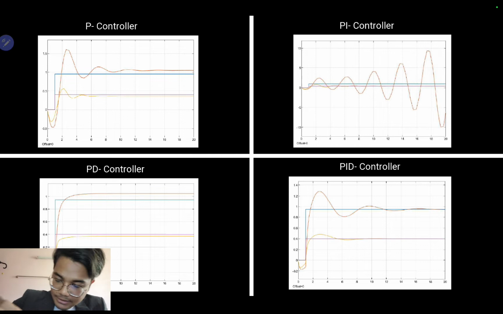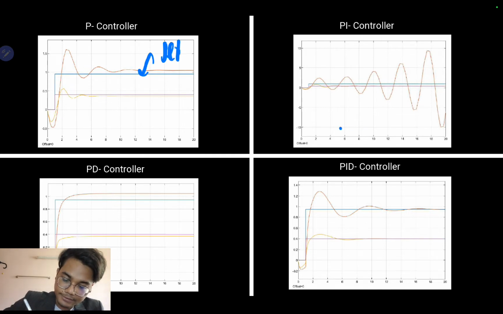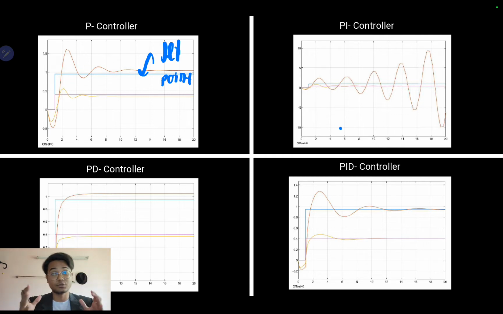As we can see here, the P controller did a good job in showing the oscillation and the overshoot, but it missed this spot, which is the set point. Our set point is smaller than 1, because the X composition flowing out from the distillation column must be less than 1.